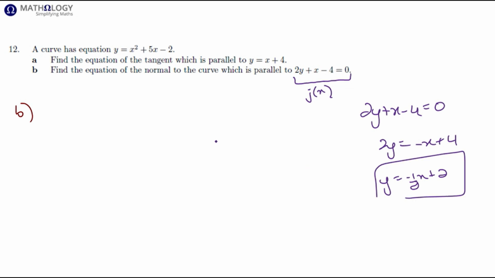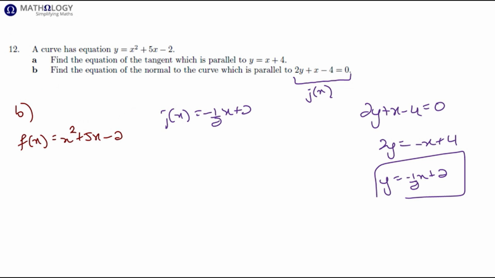This is now j of x. So j of x equals minus a half x plus 2. And f of x is x squared plus 5x minus 2.